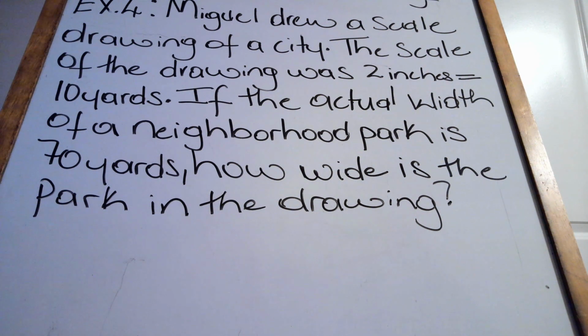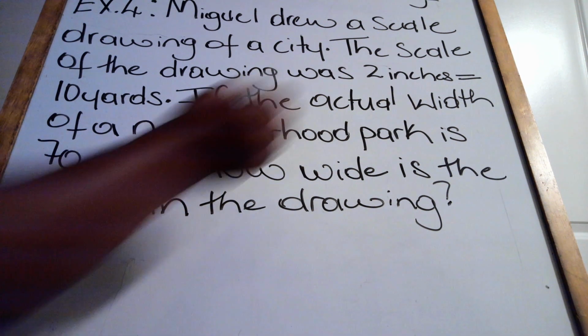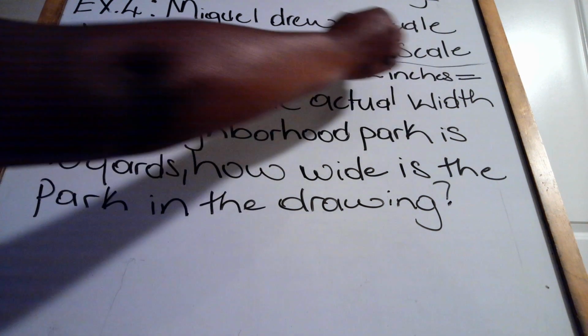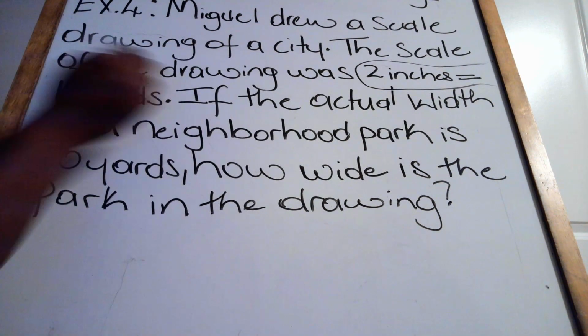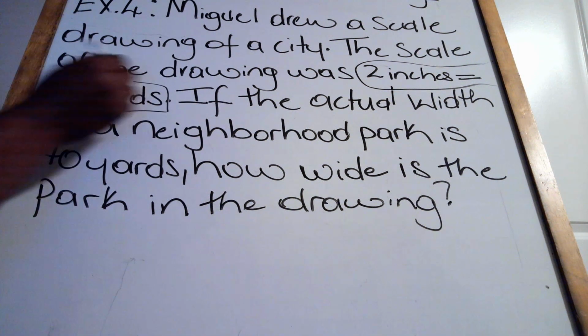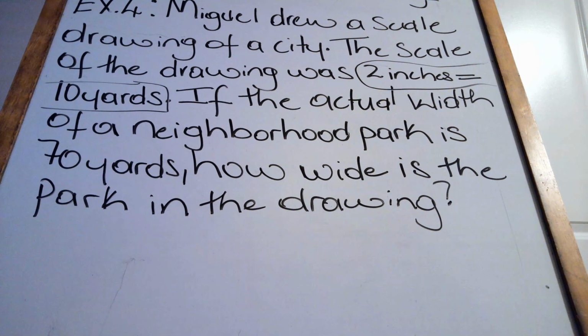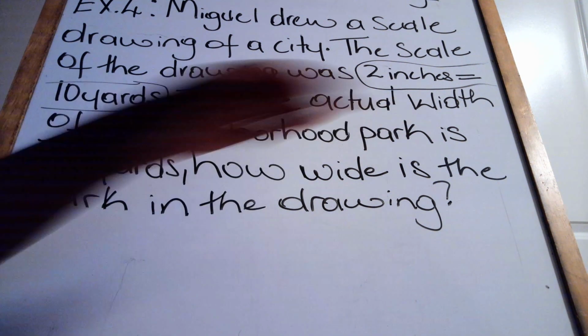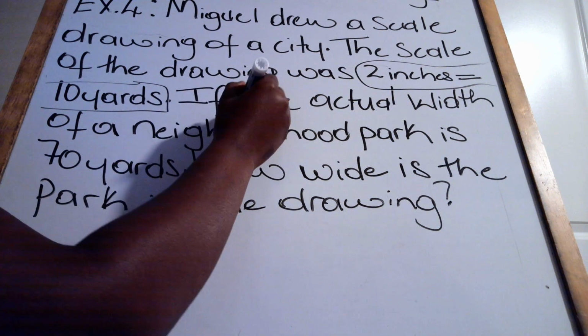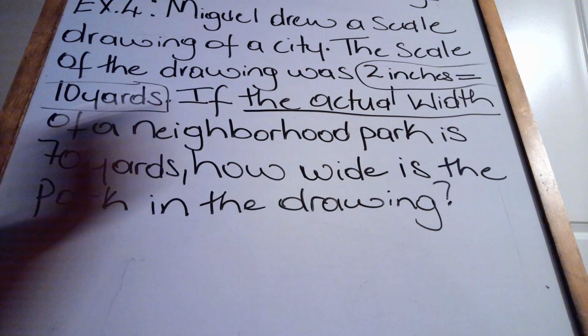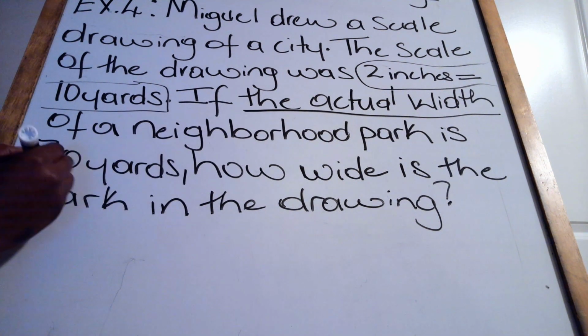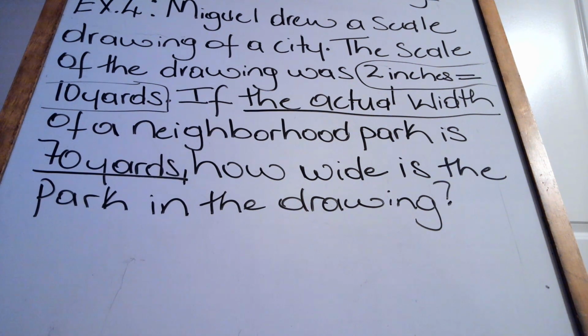Remember, identify your key components. It says 2 inches equal to 10 yards. That's the scale given. It tells us the actual width of the neighborhood park is 70 yards.